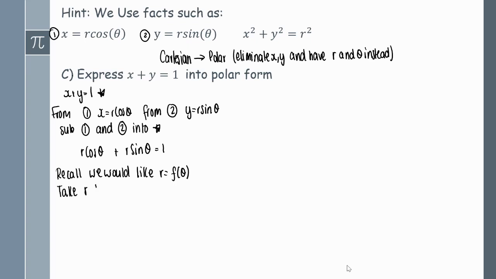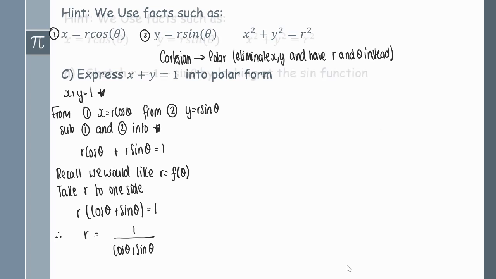So let's take r out the front. Just by factorizing, we'll get r bracket cos theta plus sine theta equals 1. And then I will just divide by cos theta plus sine theta. And this is my polar form. r equals 1 over cos theta plus sine theta.